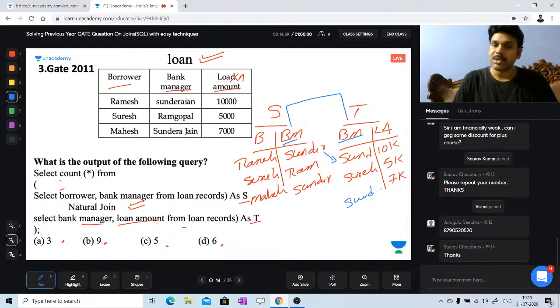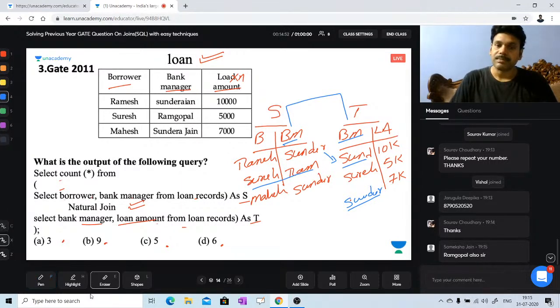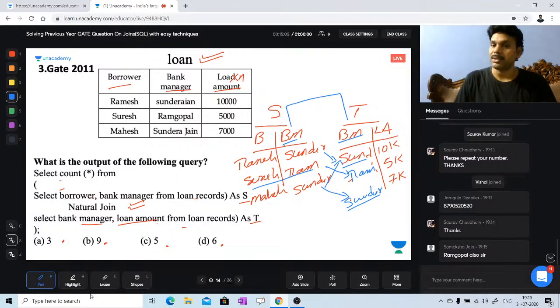That means Ramesh can map two times, one here and one here. Next record, Suresh and Ram, and this guy is Ram here, and Ram can map here, and Sundarajan can map here and here. Therefore, you got 5 mappings.